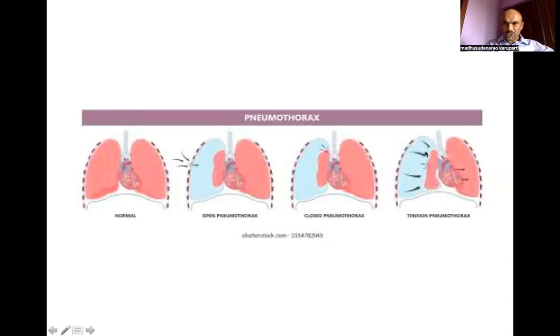You see the pressure is mounting up in the pleural cavity. Air is sucked in, but there is no exit for the air. There is collapse of the lung with a gross mediastinal shift to the opposite side. These are the features of tension pneumothorax.